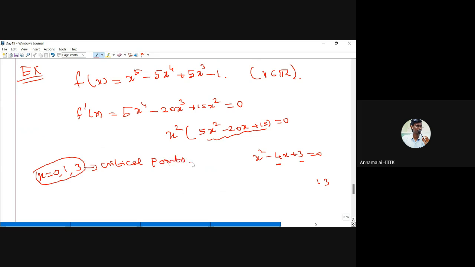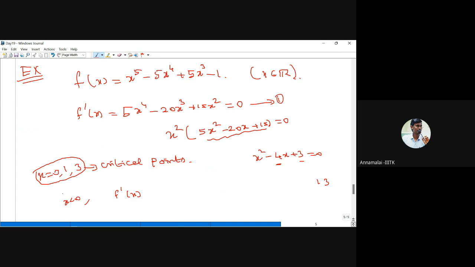Now you have to check the derivative f dash. You have to substitute the values and check whether the sign of f dash changes or not. Now for x slightly less than 0, what is f dash of x? If x is less than 0, then look at this equation, maybe we call this equation number 1.